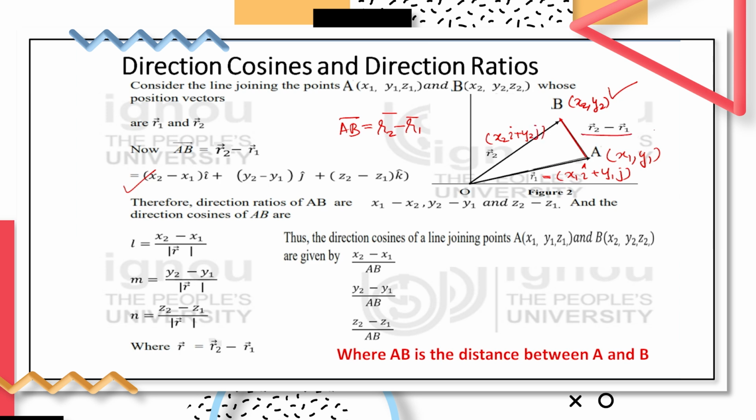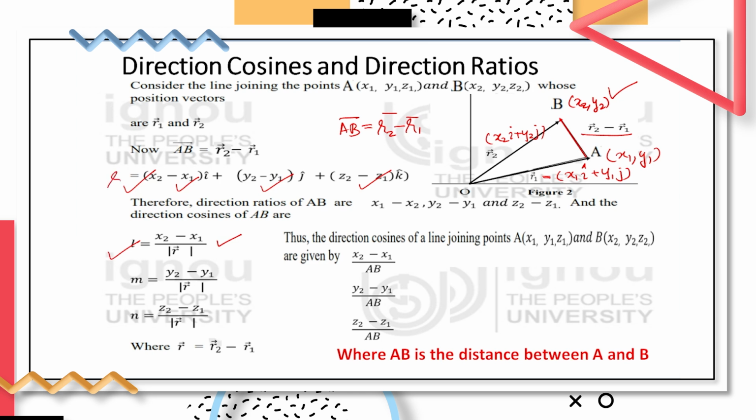Therefore, the position vector from point A to point B, giving the distance between the 2 points, can always be written as (x2 minus x1)i, (y2 minus y1)j, (z2 minus z1)k. And therefore, you can always say that the direction cosines for the vector AB can be represented as x2 minus x1 upon magnitude of r.